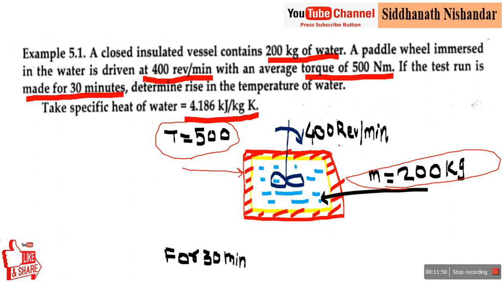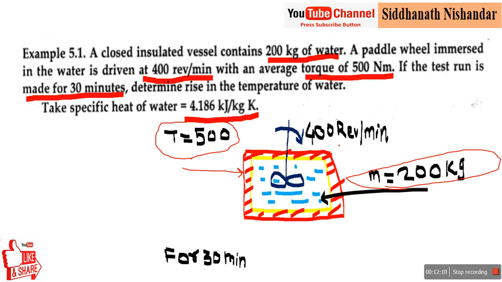We know that initially we have to find the amount of work done on the system, and Joule states that the work done is equal to the heat produced. So first we find the work done on the system. This is mechanical work, shaft work, because of the rotating stirrer.